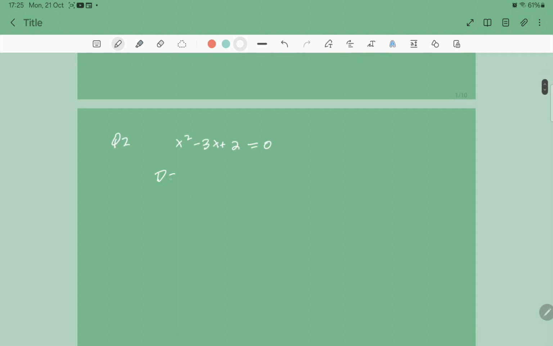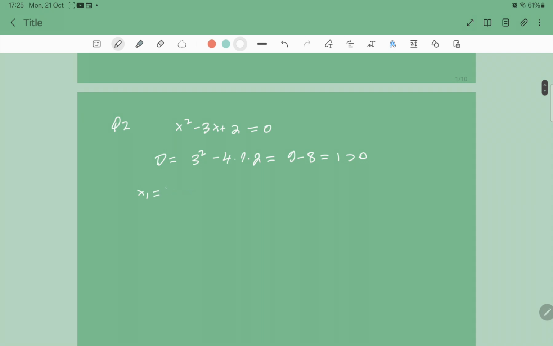Question 2. The discriminant is 3 squared minus 4 times 1 times 2. That's 1. I have two real roots. x1 equals 3 plus 1 over 2. My x1 equals 2. x2 equals 3 minus 1 over 2.